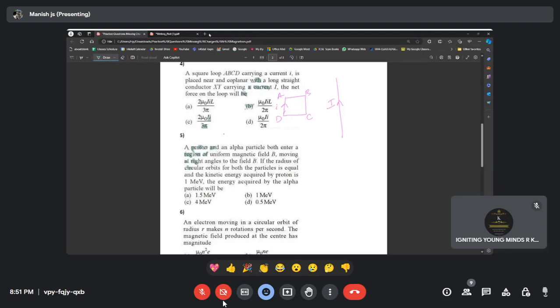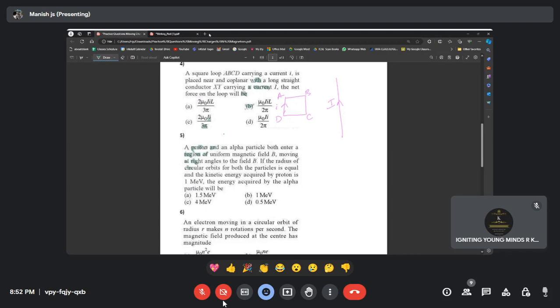F equals mu naught I dash L by 2 pi A. Yes, mu naught I dash L upon 2 pi A. So we are using that corresponding relationship. Here there are two currents. The first current is small I, which is flowing through this. The second current is capital I. So making use of this relationship, we can come to a conclusion.